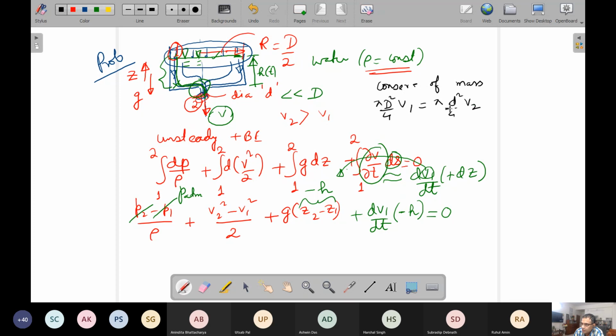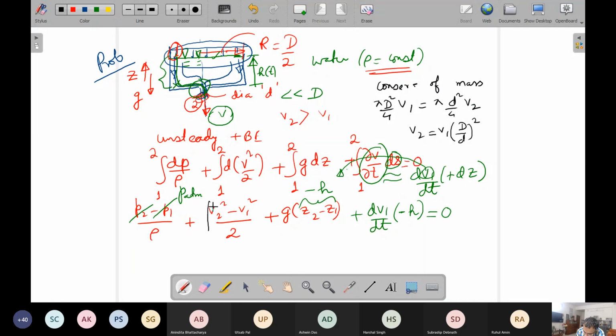Otherwise, the tank will never drain to empty. So in that way, we can simply write V2 is V1 into small d by capital D square, right? That much we can write.